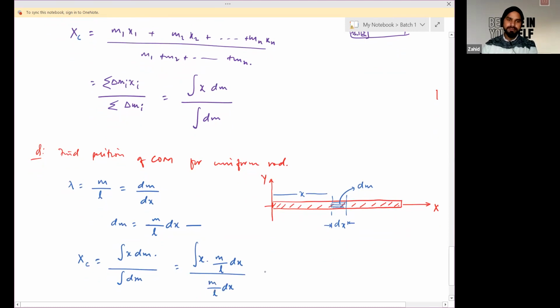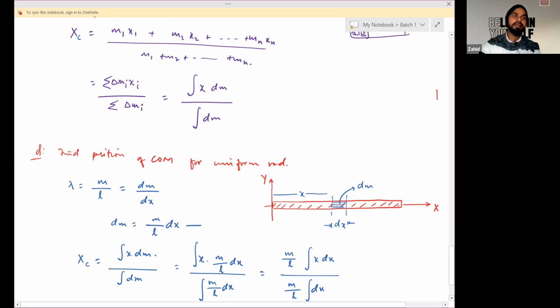M by L is constant in the numerator as well as the denominator, so keep it outside. x times dx divided by M by L times dx. So these two terms will cancel out, and you're left with x dx divided by dx.